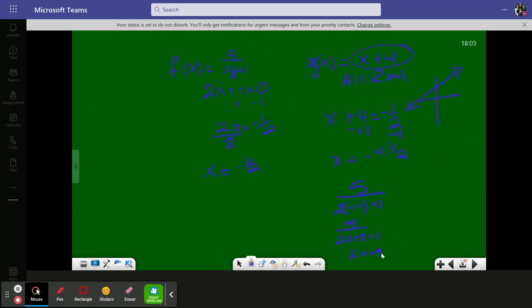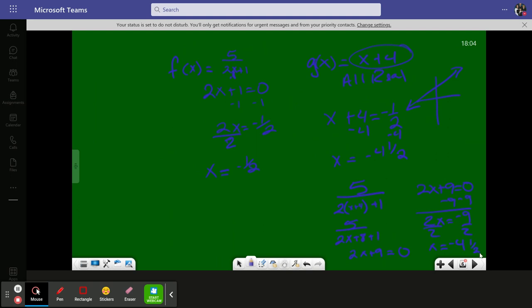And then what would happen if I set that equal to 0? If 2x plus 9 equals 0, and divide by the 2, how many times will 2 go into a 9?